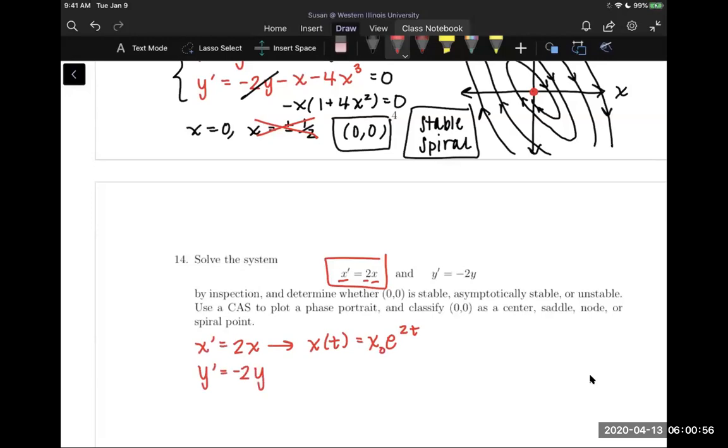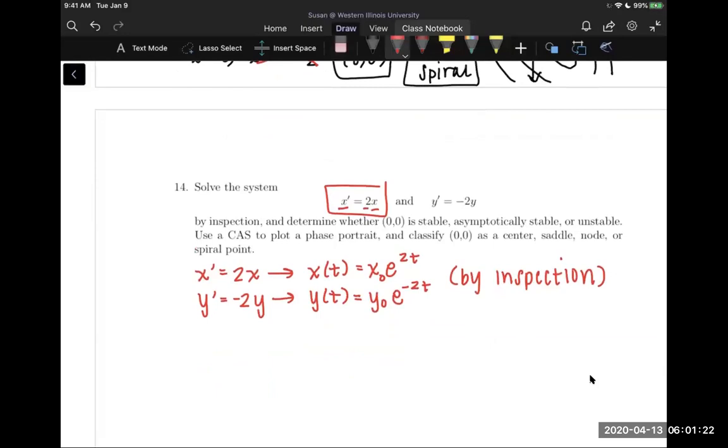We want a function whose first derivative is itself times -2. So of course, we just need to sneak a negative into that exponent. All right, so again, this is just by inspection. By inspection, we have those solutions.